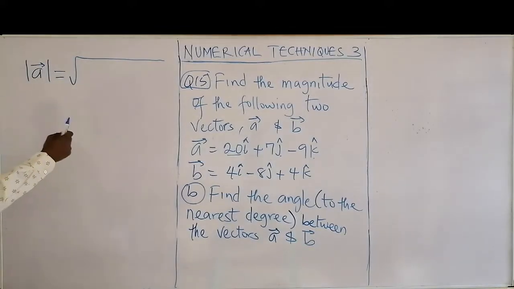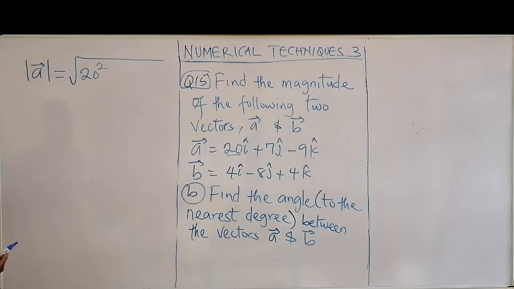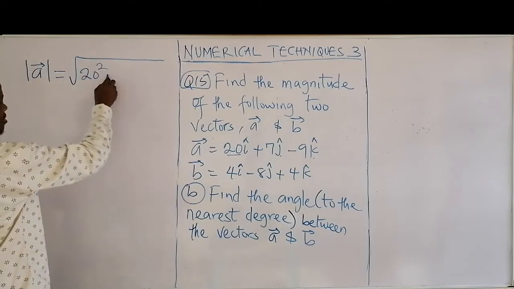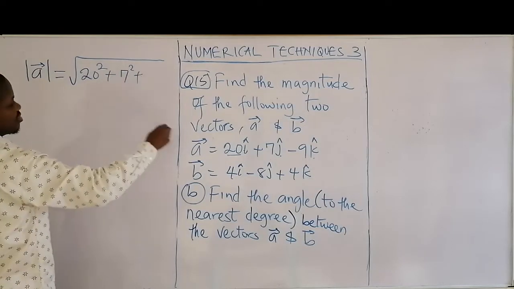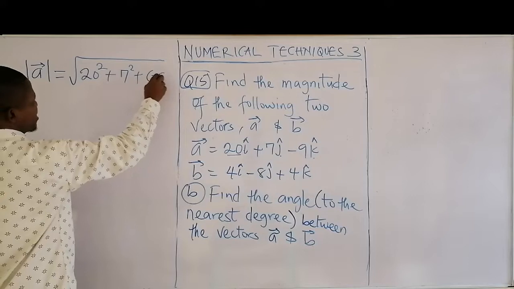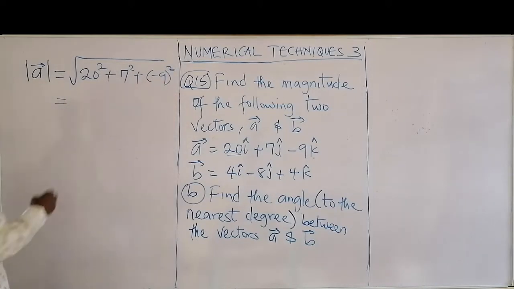Just take the coefficient of each of them and square it, plus the second one, 7 squared, plus the third one, minus 9 squared. So that's our magnitude. That's how you do it.